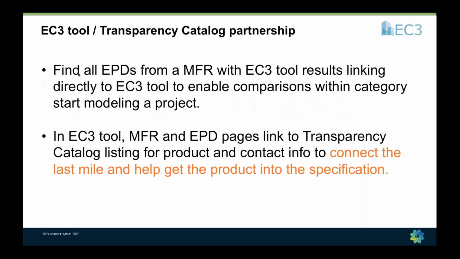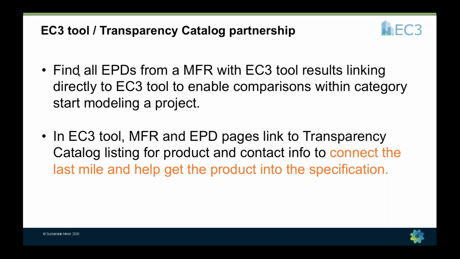We together are making it possible to find all the EPDs from a manufacturer in the EC3 tool and be able to compare the embodied carbon results and start modeling a project.